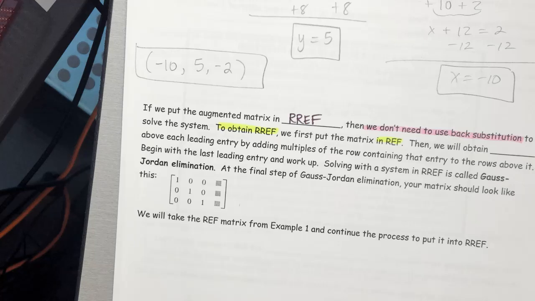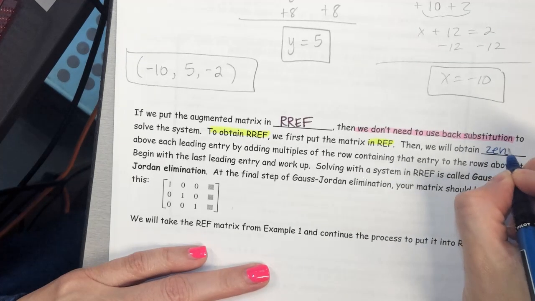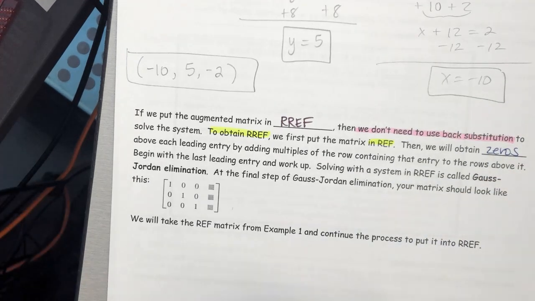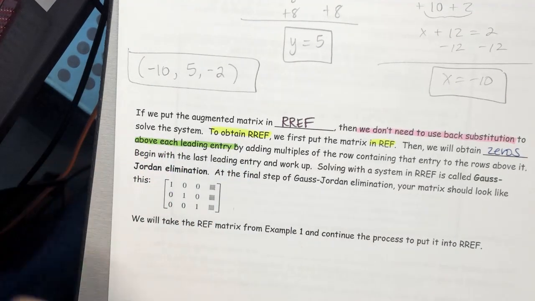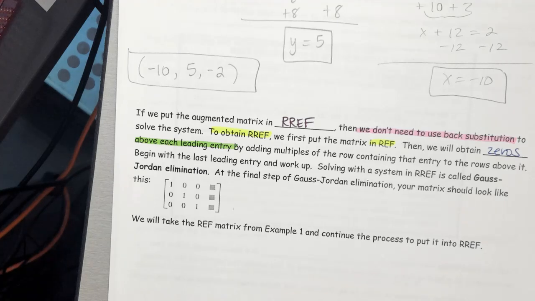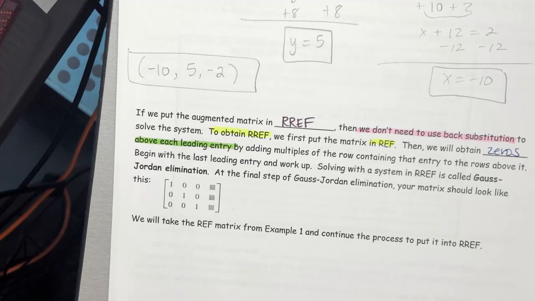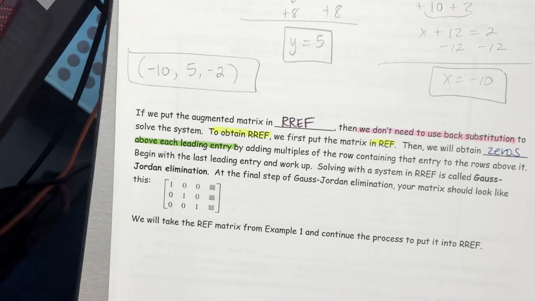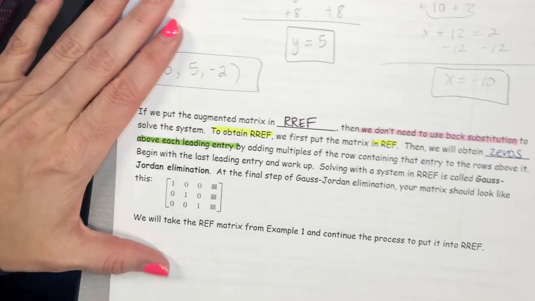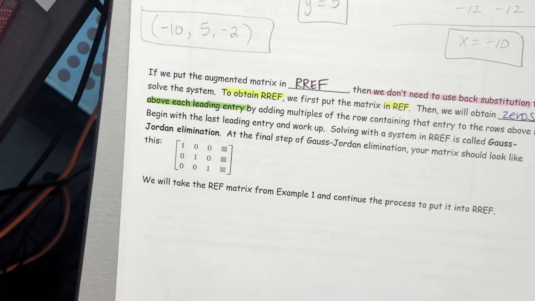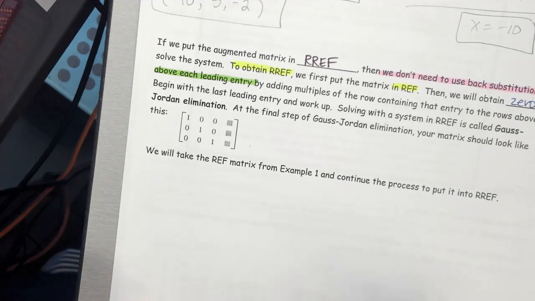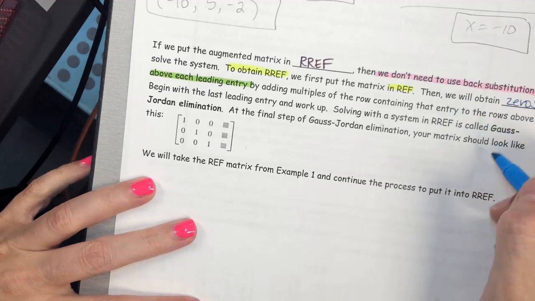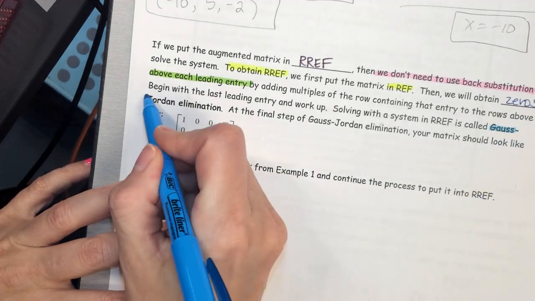Okay, then we're going to obtain zeros above each leading entry by adding the multiples of those rows containing the leading one. Okay, so we're going to multiply the row with the leading one, and then we're going to add them together. Okay, and then when we do that, it's called Gauss-Jordan elimination.